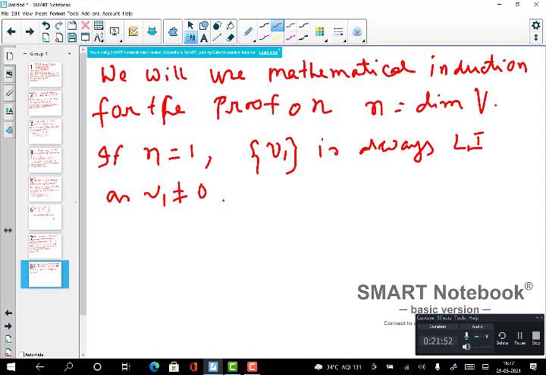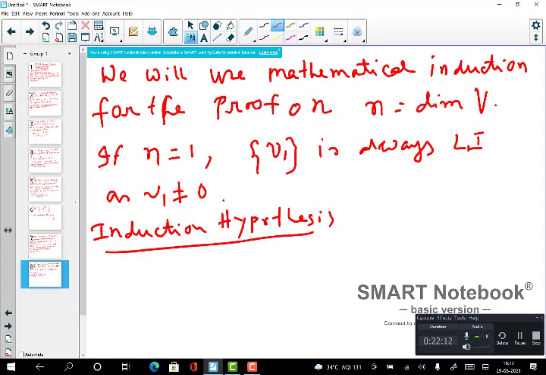Now we will assume that. So now the induction hypothesis. What is the induction hypothesis? What do we assume? We assume that the theorem is true for any such eigenvalues fewer than n. So if you choose any number of eigenvalues less than n, then you are done, right?